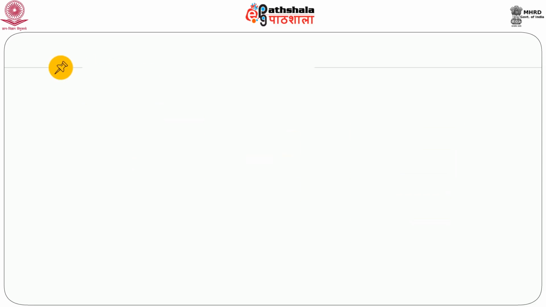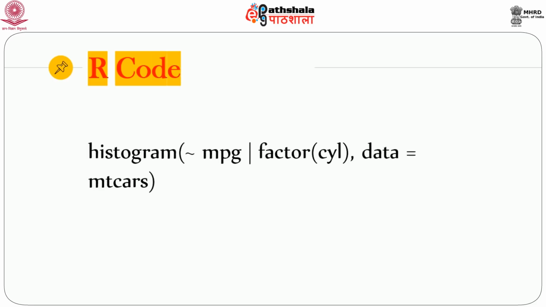To start with, we are taking a very simple example. By now we have come across the mtcars data many a time. The data was extracted from the 1974 Motor Trend US magazine and comprises fuel consumption and 10 aspects of automobile design and performance for 32 automobiles, which are primarily 1973 to 74 models.